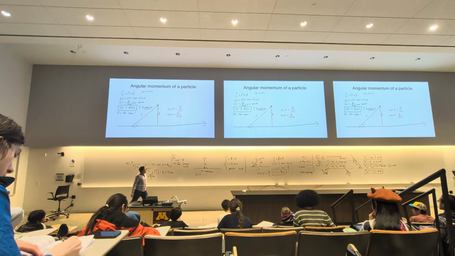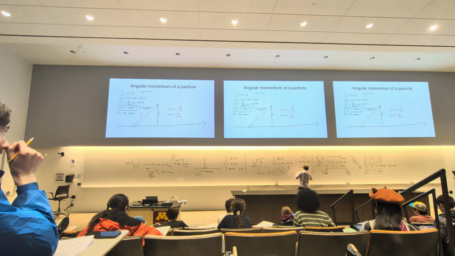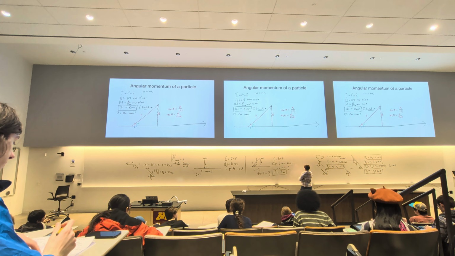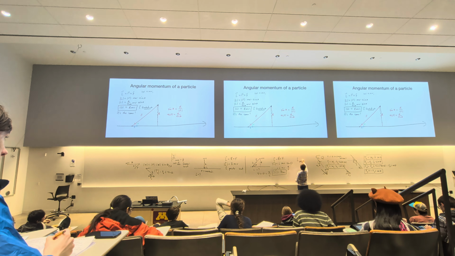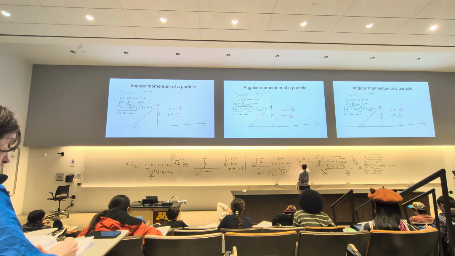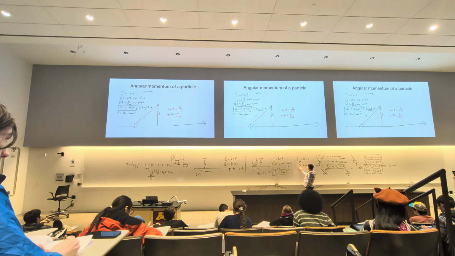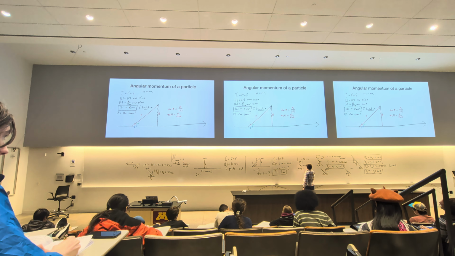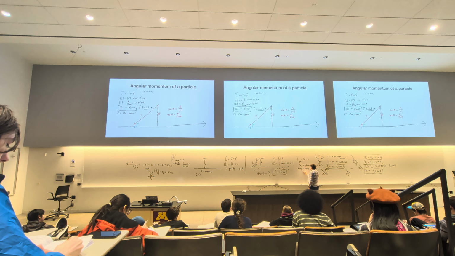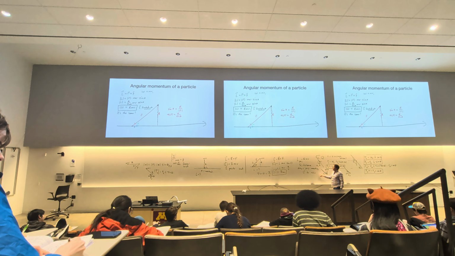If you think about it that way, the formula for the angular momentum is that, where R is the distance along a perpendicular connecting V to the axis. So I hope you see what I'm saying by that.